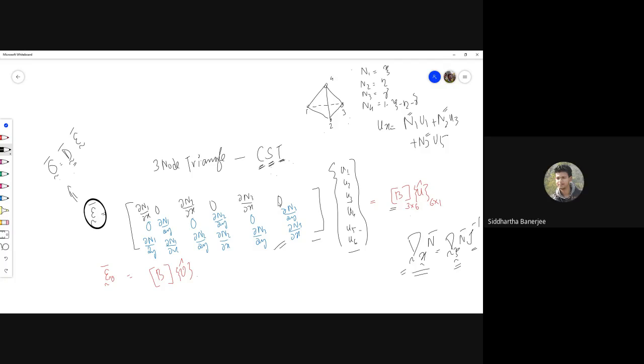It is just a simple extension of what we did for 2D. Okay, and in that case, let's say if I take an internal point, with that I should be dividing the geometry into different sets of volumes, and then from the ratios of the volumes I should define the shape functions.